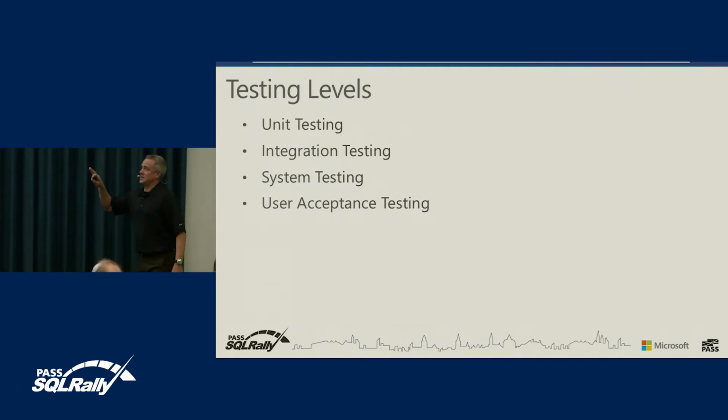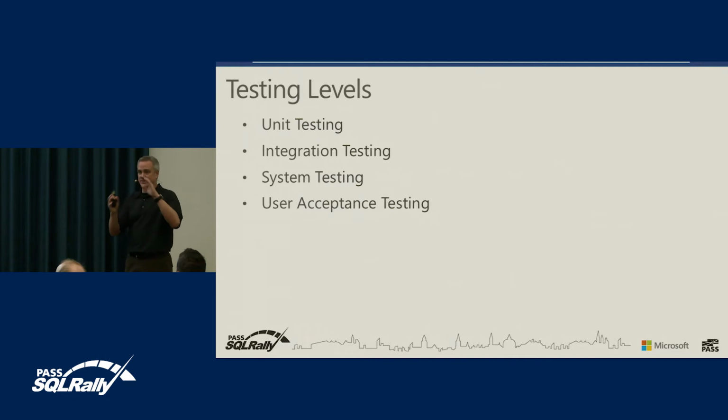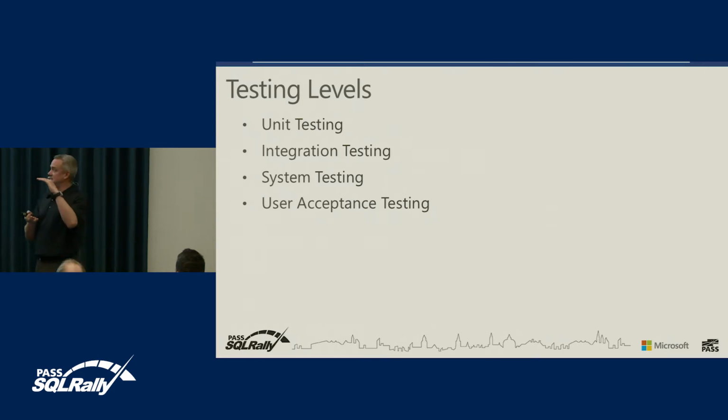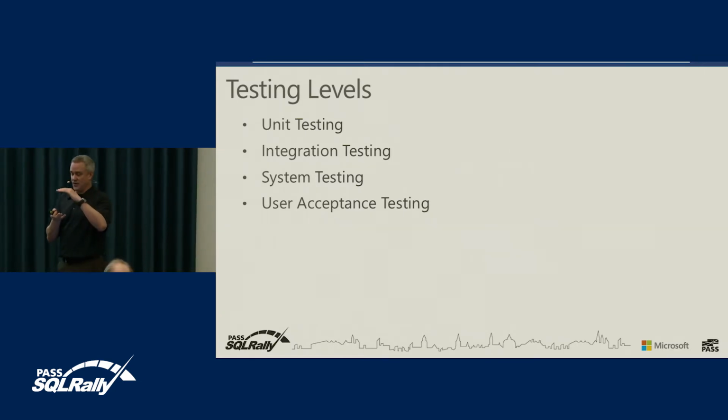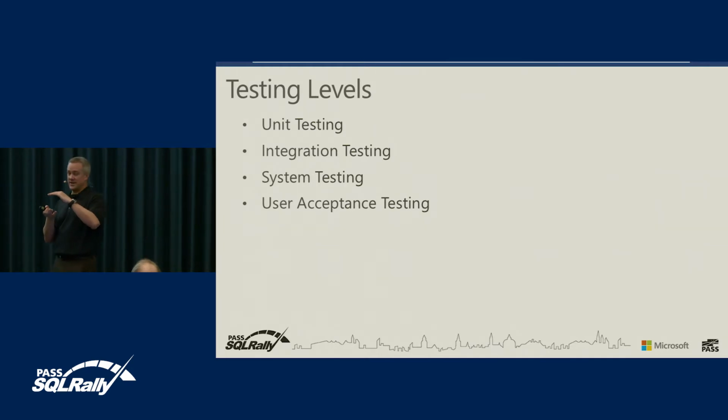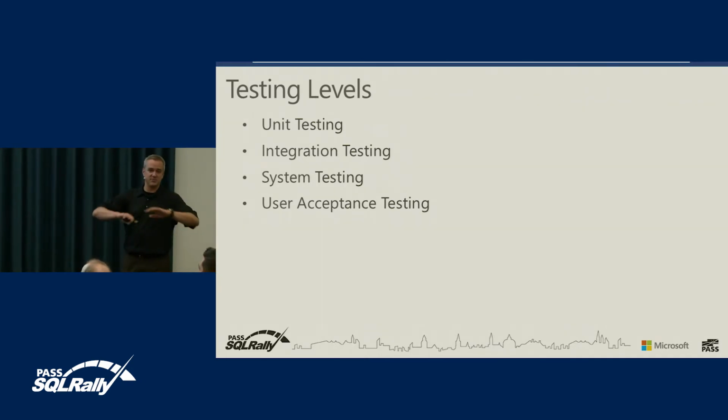So today we're going to talk about unit testing, and we could use that term loosely depending on which thing you're testing within the data flow or within the control flow. If you're testing a data flow item, I probably would call that more of an integration test, and then you could test the pieces within. System testing would be the whole thing, and of course, seeing as we're ETL developers, we don't do user acceptance testing, right? Well, not really.